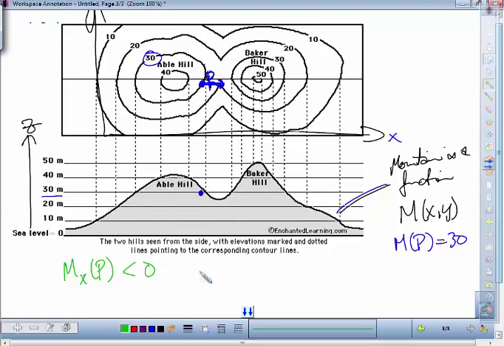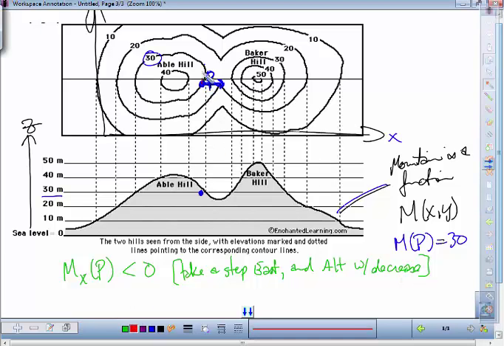So your altitude will decrease, so the rate of change here will be some negative value. Okay? So take a step east, and your altitude will decrease. So the derivative with respect to x will be a negative value.